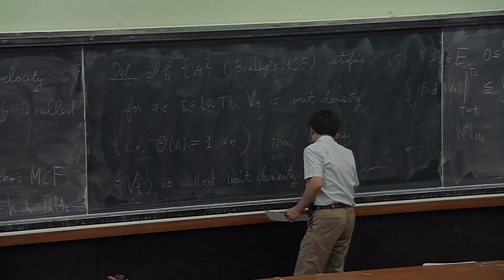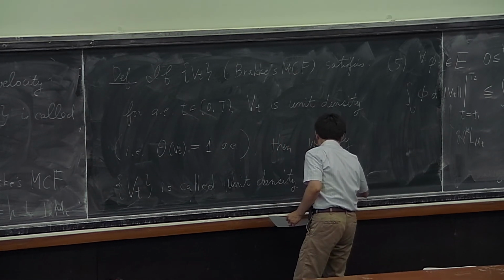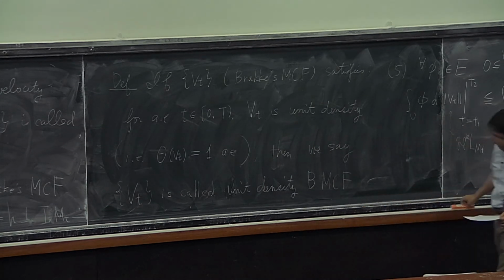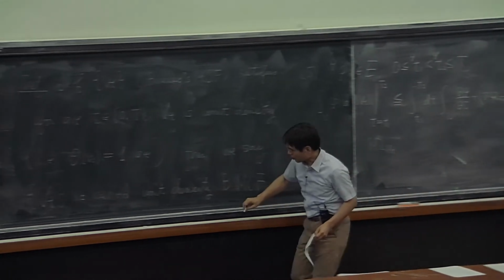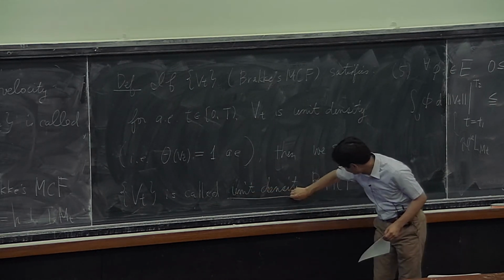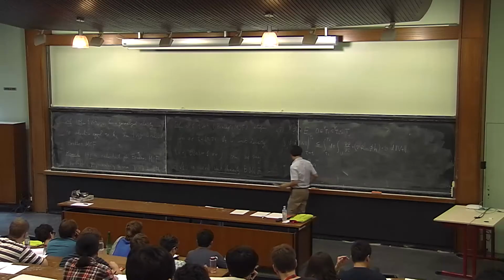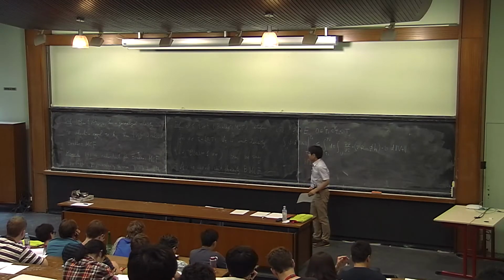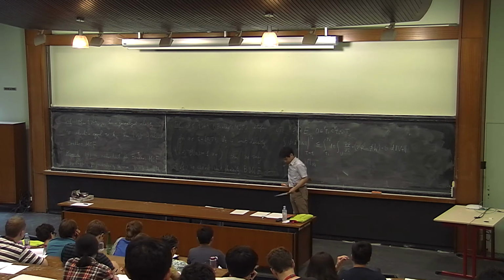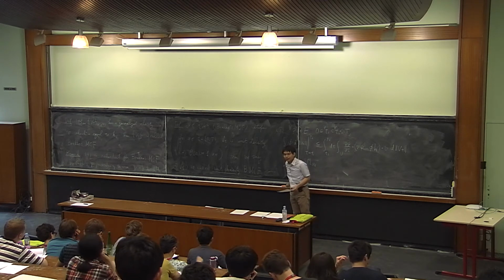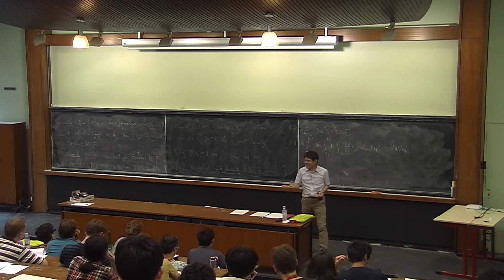Brakke's mean curvature flow, maybe I write BMCF. So that's called unit density Brakke mean curvature flow. So this is just a definition. Any questions? I think I defined many things.